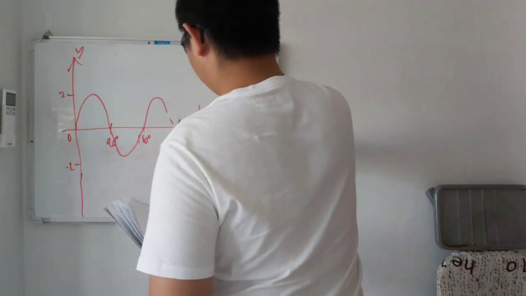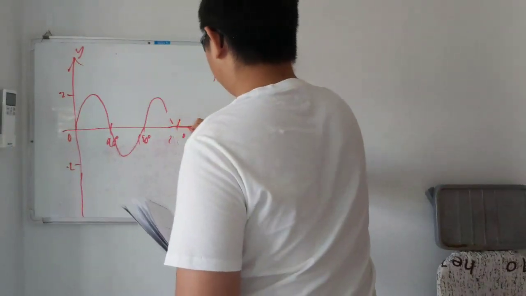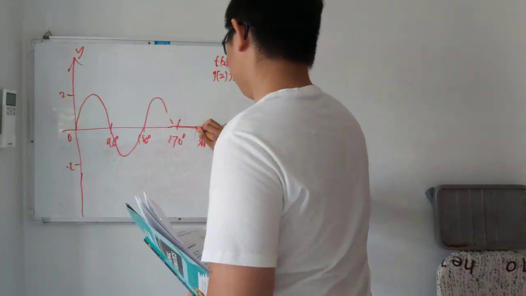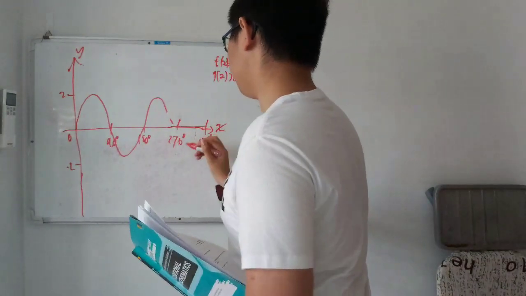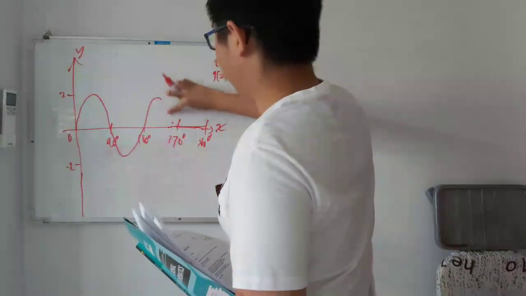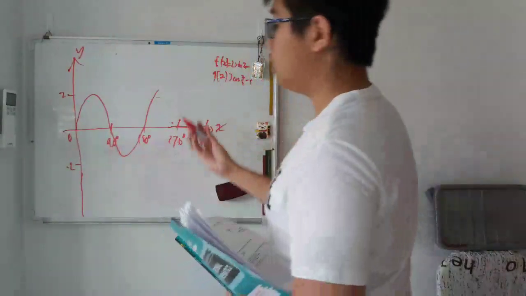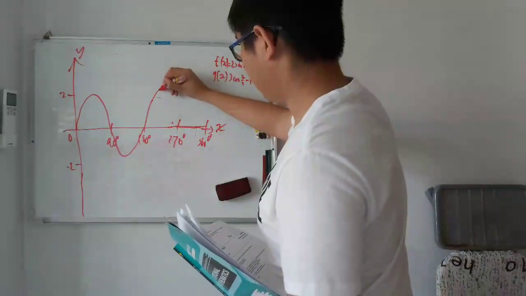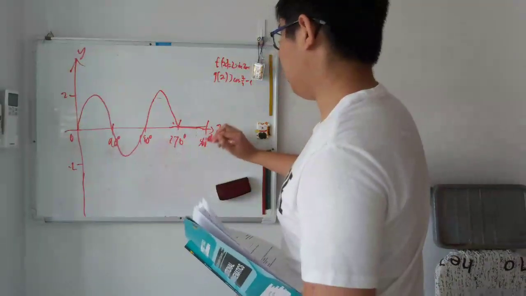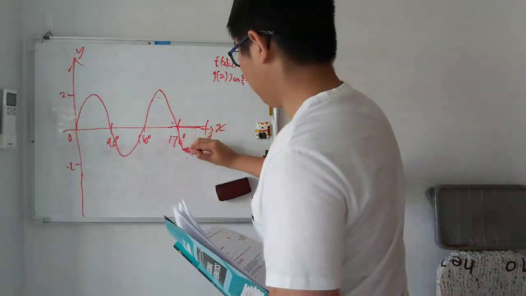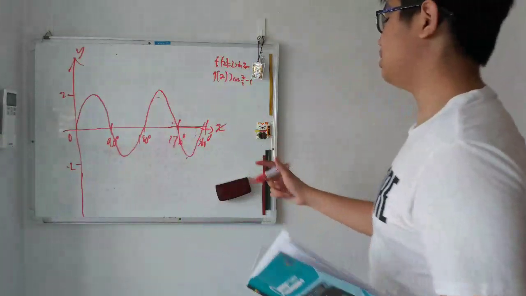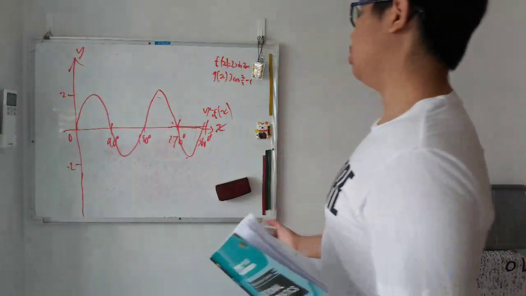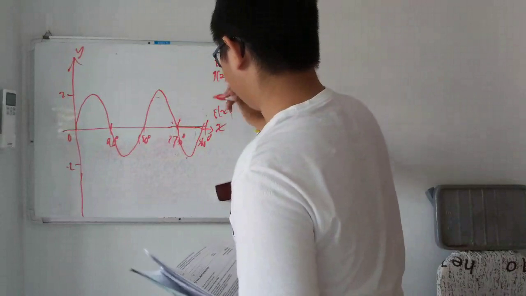I think I'll redraw this part, but the curve looks roughly like that. Just bear with me. This will peak again at 2, and then we come back down again. It will come to 0 here, then come here, and then back up. So this is y equals f(x).